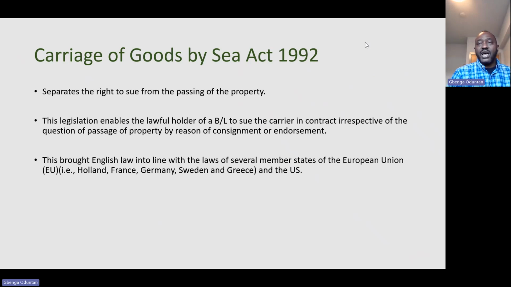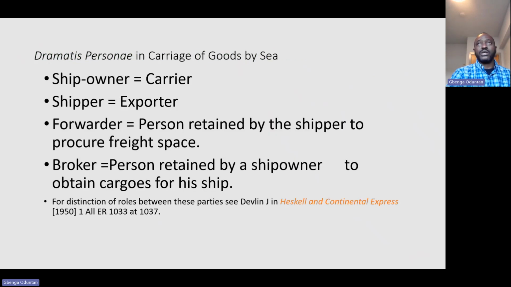The Carriage of Goods by Sea Act is a national law of the UK, but it domesticates the international obligations of the UK under the Hague Visby rules, which we'll be coming to shortly. The holder of a bill of lading is entitled to the goods. The holder of a bill of lading has a very important document in his hands, which is evidence of ownership.